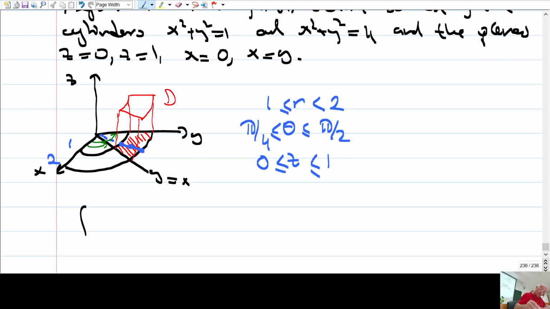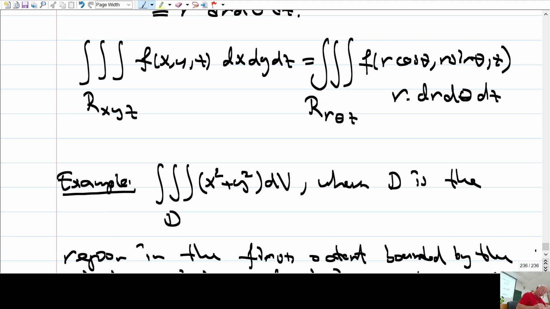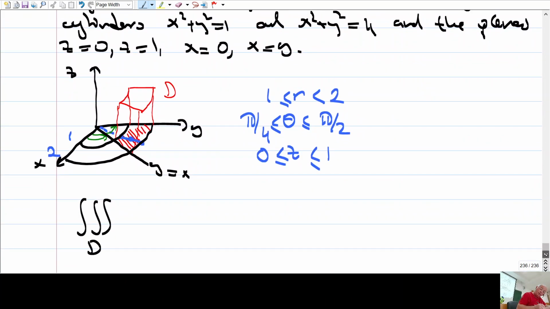So the integral is what? The function is x squared plus y squared, dv.